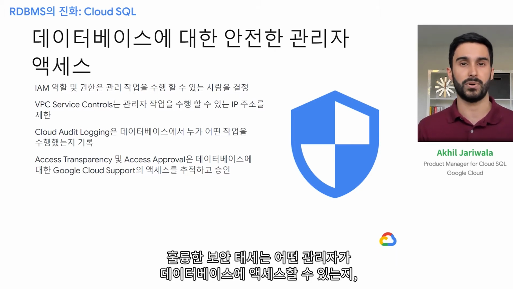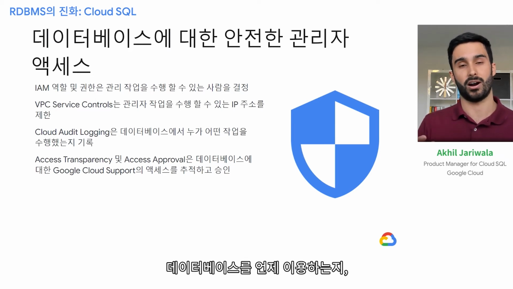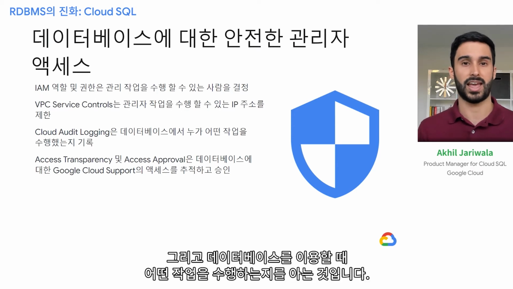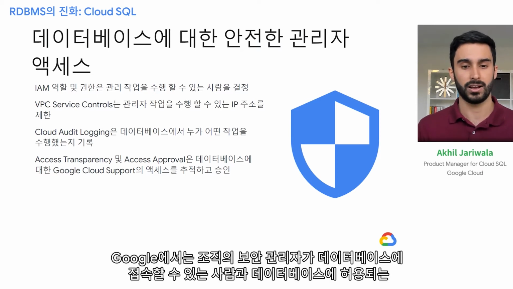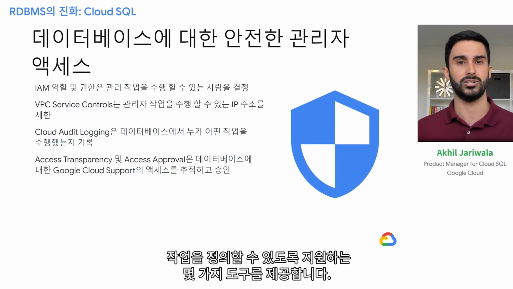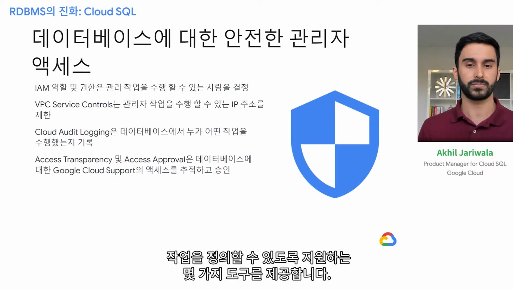A good security posture is knowing which administrators have access to the database, when they are touching the database, and what they are doing while they're using the database. And that's really where Cloud SQL shines. We have a number of tools that allow an organization security administrator to define who can connect to the database and what they're allowed to do with the database.